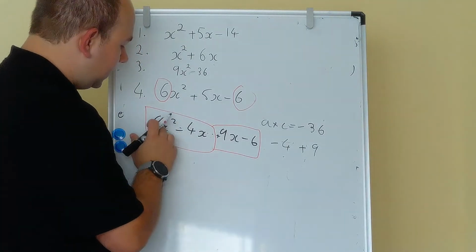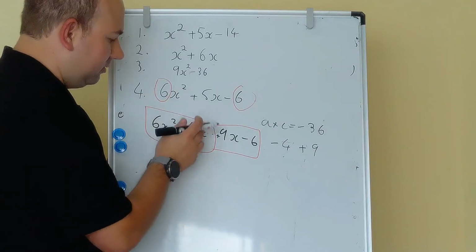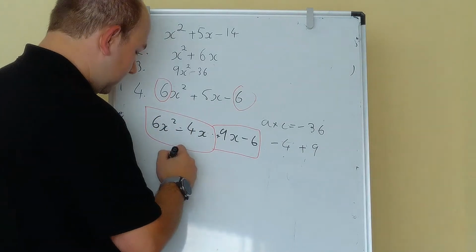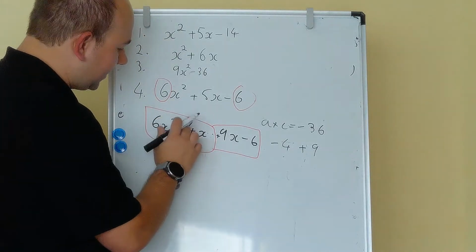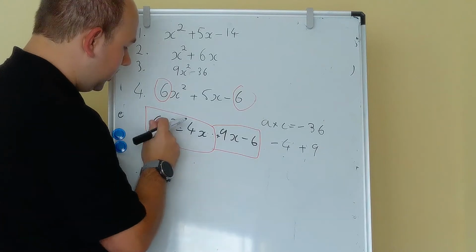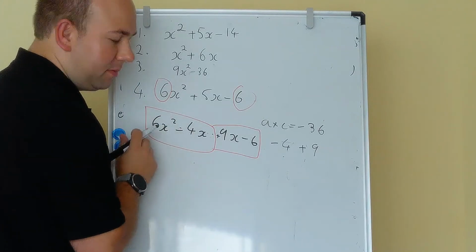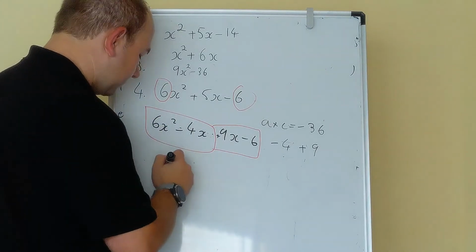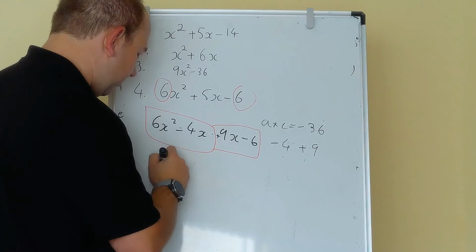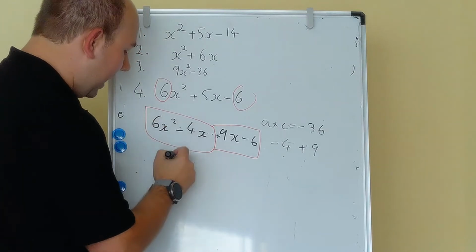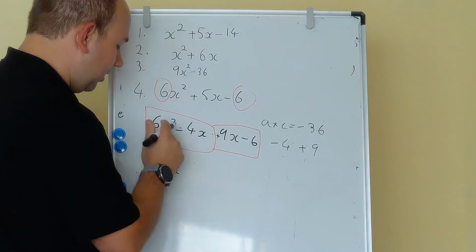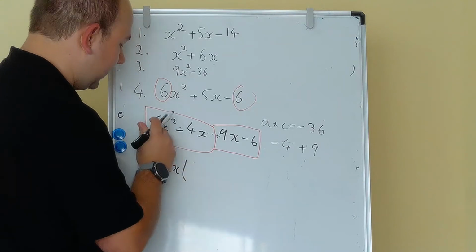So if you notice, this first box here looks very similar to example 2 we did before. So we can see that there is a common factor of 2 in this. So 2 goes into both 6 and 4. So if we start off by writing that, also x is a common factor on these terms. And then we can open the bracket.